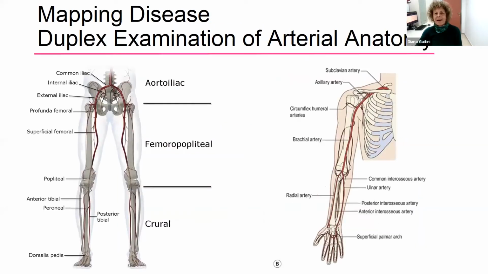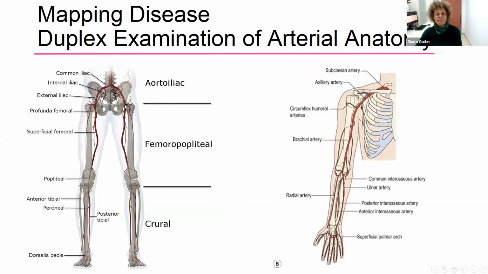If we want to map disease, we will use duplex examination of the arterial anatomy. Here we have the anatomy of the lower leg. We may divide it into 3 segments: the aortoiliac, comprising the lower aorta, the common iliac and external iliac arteries.